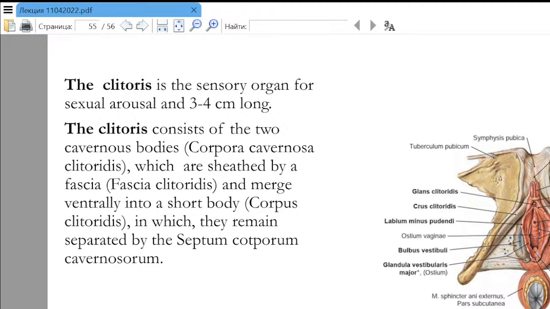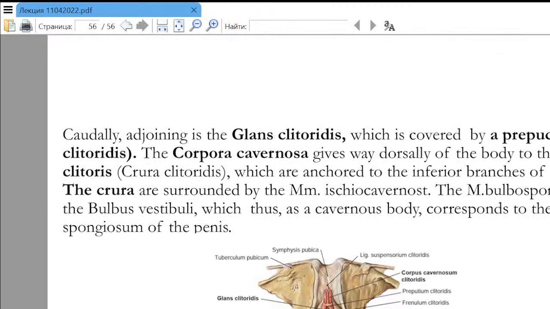Septum corporum. Caudally ending in the glans clitoridis, which is covered by the preputium clitoridis, crura clitoridis.